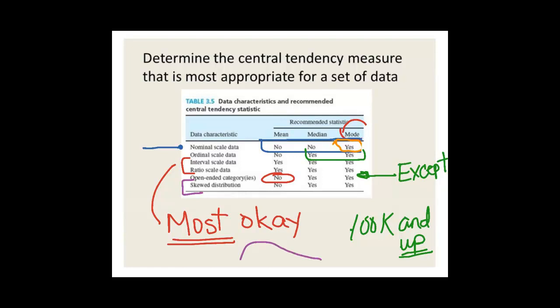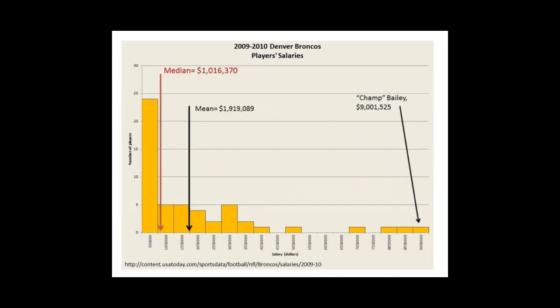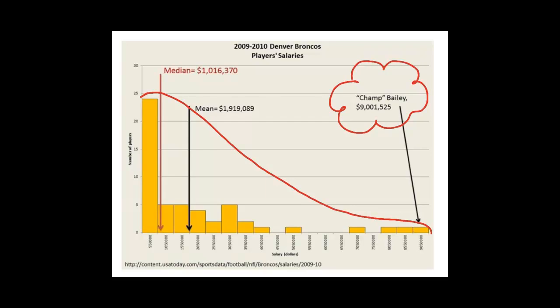According to USA Today, the average Broncos player's salary for the 2009 and 2010 season was just under $2 million. However, the player's median salary was about 50% lower, coming in at just over $1 million. The reason for this discrepancy is the really high salary players, for example, Champ Bailey, their salaries pull the mean to the right, hence the name skewed to the right.